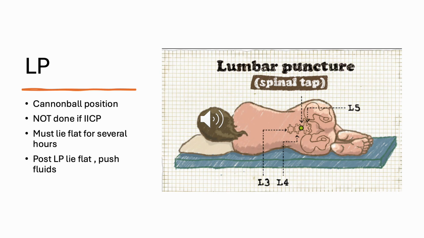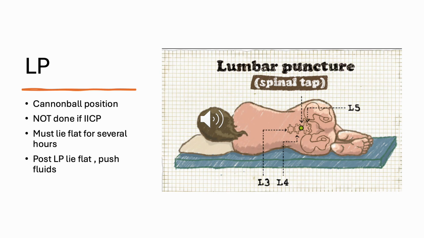If they're going to send the cerebral spinal fluid for analysis, a high white blood count and protein could indicate the patient has meningitis. If it's decreased glucose in the cerebral spinal fluid, that means bacterial meningitis because bacteria love to eat the glucose.